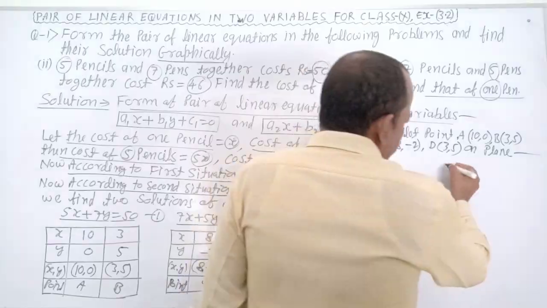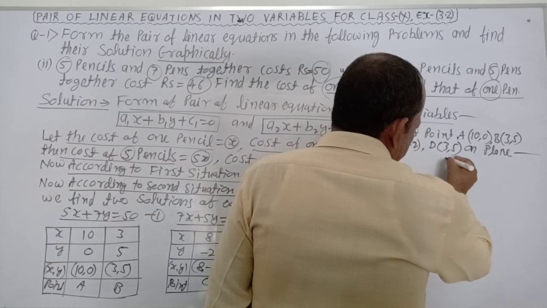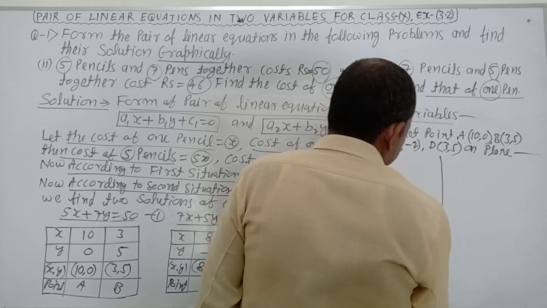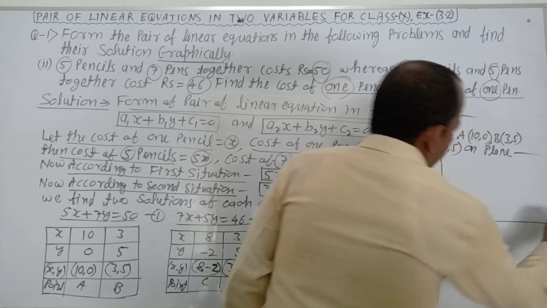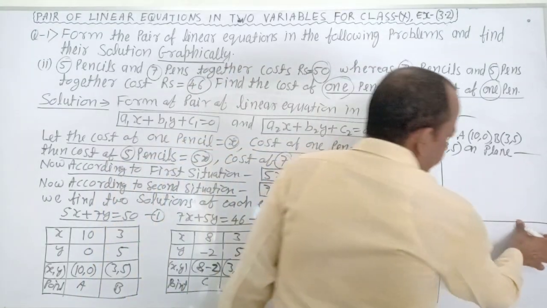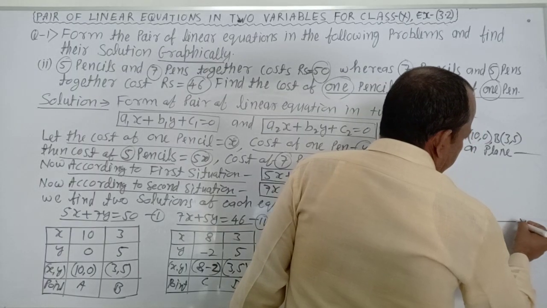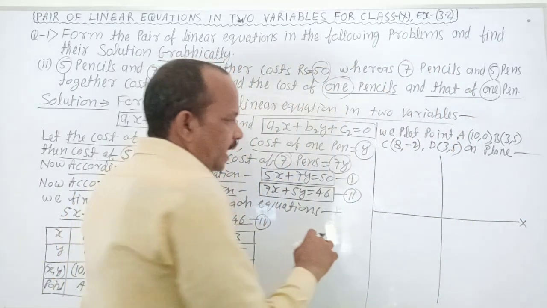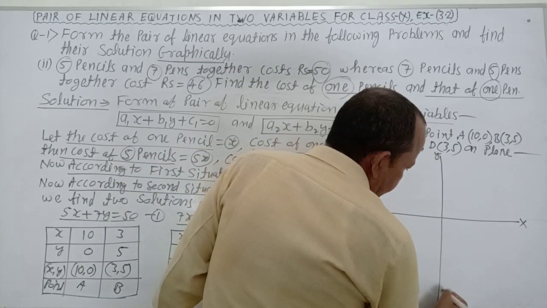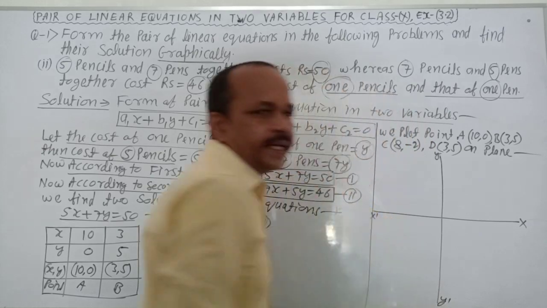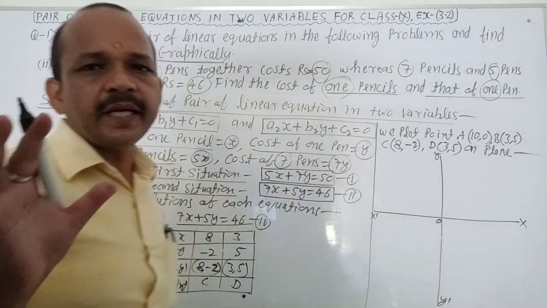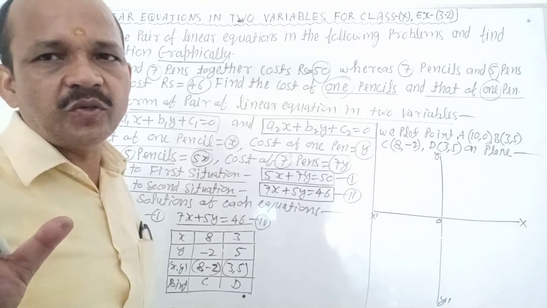Here is your Cartesian plane. Here x and here x dash, here y and here y dash, and here the origin. It is clear? No confusion about it?